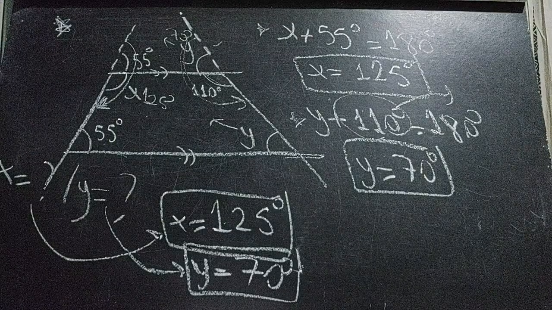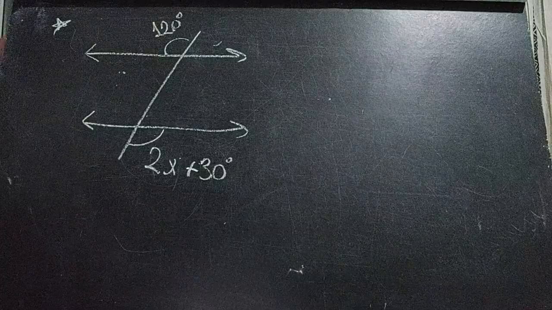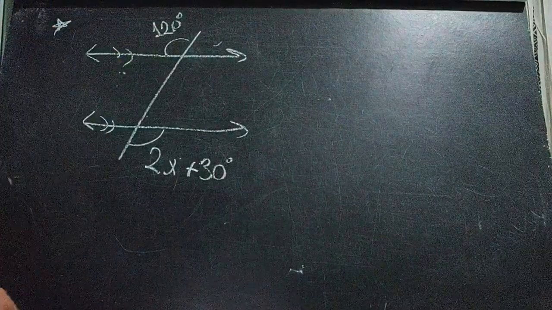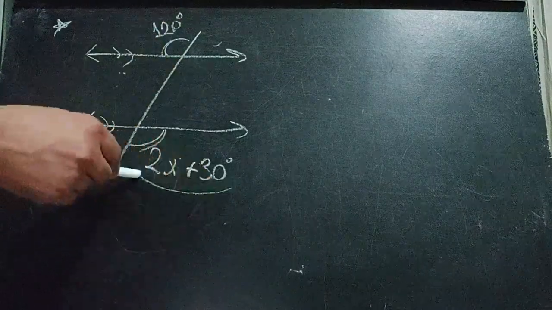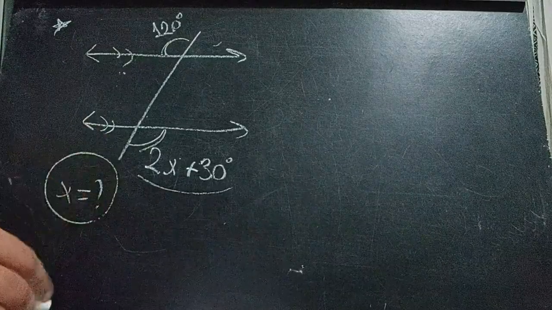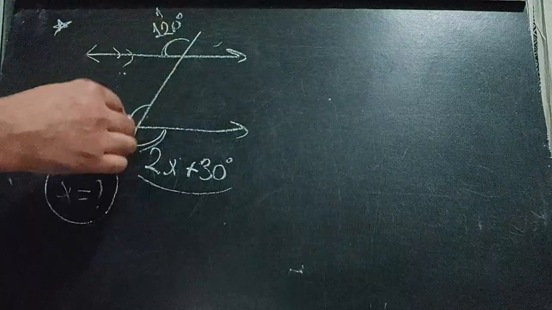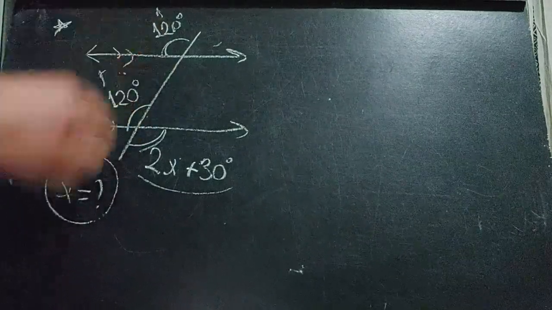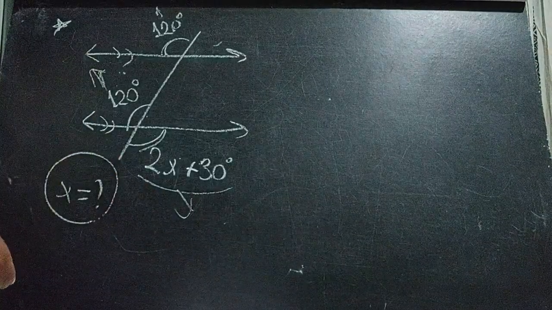Alright, now let's pass to our next question. So the question is asking us, this and these lines are parallel to each other. If this is 120 and this one 2x plus 30, what is x then? Okay, right now, so isn't this and this the same from the same direction, and isn't this and this from opposite direction the same?